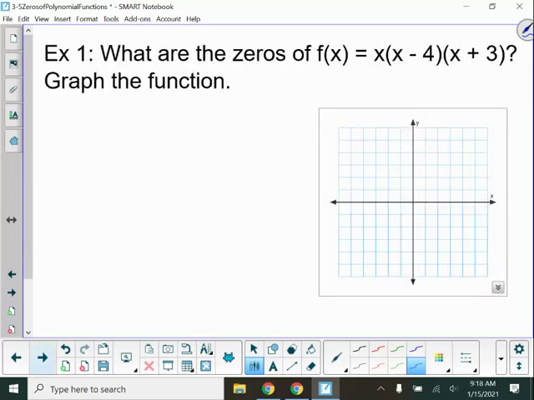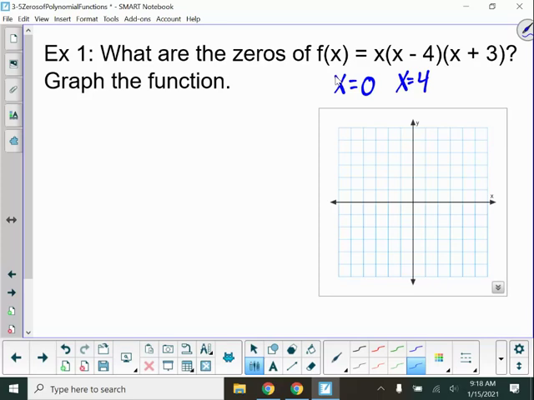So our first example, we want to know what are the zeros of this function, and then we need to graph it. So with our zeros, we have this factored form here, x times x minus 4 times x plus 3. So that's going to give me 3 different zeros. I get 0 by setting the x equal to 0 on the outside.